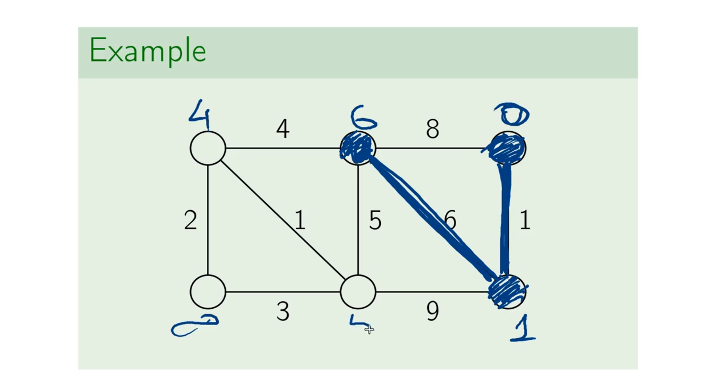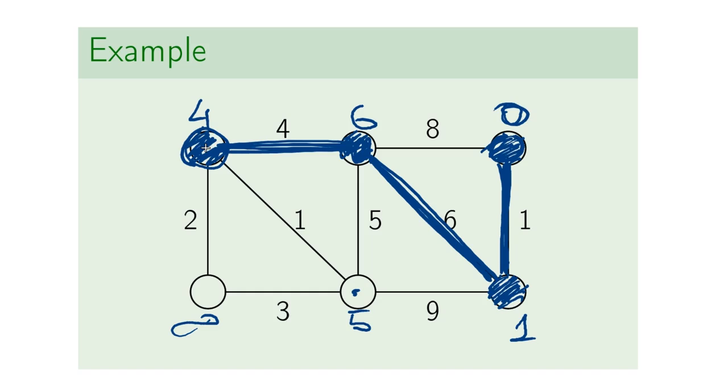Namely, we just found a cheaper way of connecting this vertex to our current tree. Now we have 3 vertices in our priority queue. So we extract the minimum value. This gives us the following vertex, so we include it in our tree.